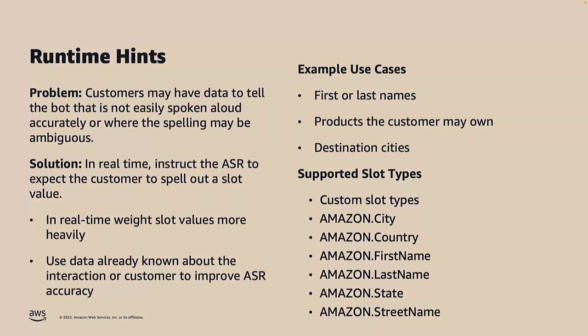And the IVR says, I see you have 3 upcoming trips. What is the destination city you're wanting to modify your itinerary on, right? A language model, even with Amazon.cities, is going to be listening for all the cities in the world, which can cause some ambiguity.